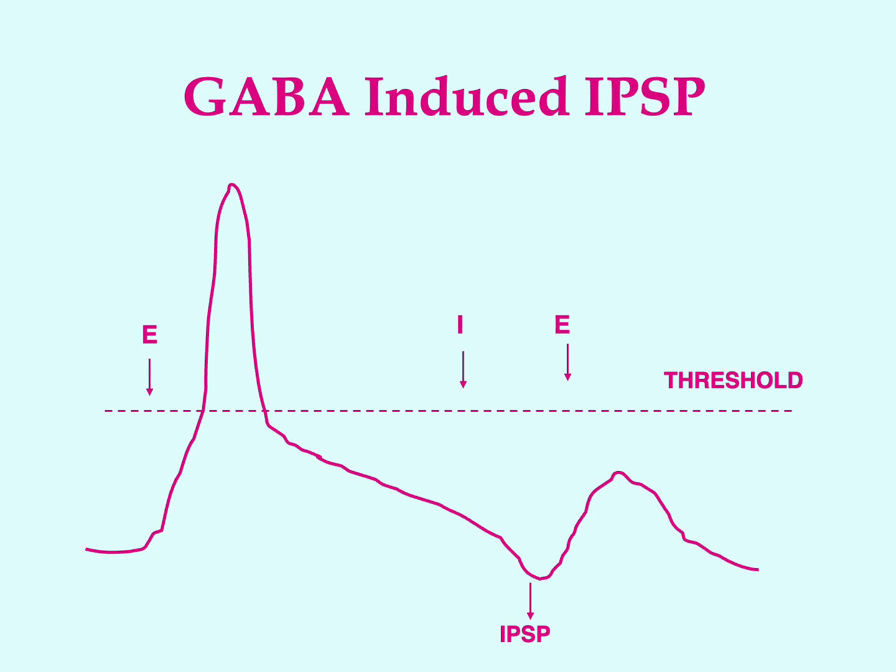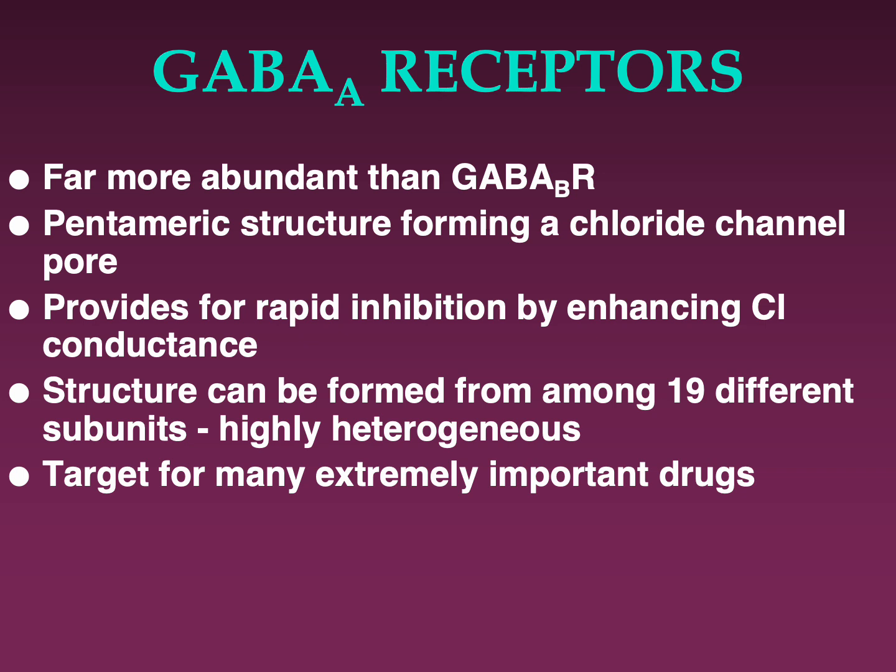Okay, so again, this just repeats that the GABA A is more abundant than the GABA B. It has a pentameric structure that forms a chloride channel, and it provides for the very rapid inhibition by enhancing the chloride conductance. And when you look at the molecular biology of these GABA A receptors, there are about 19 different subunits that it can be formed from.